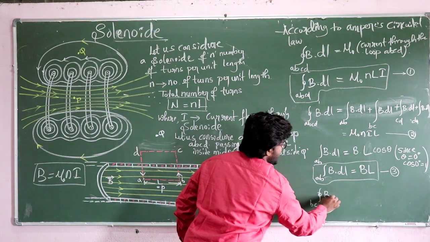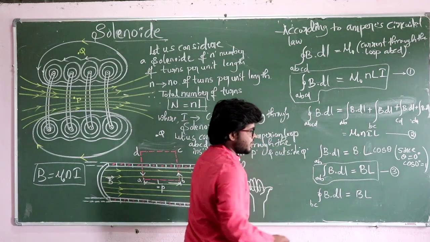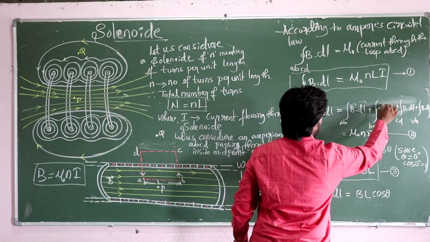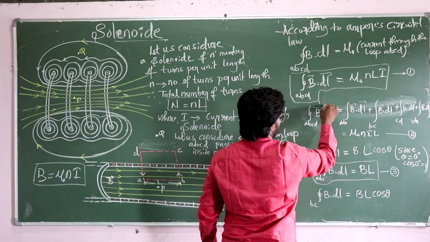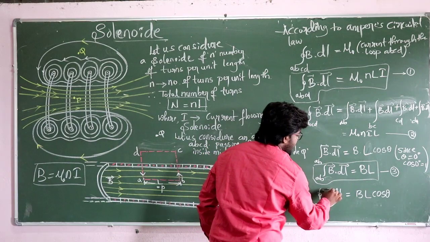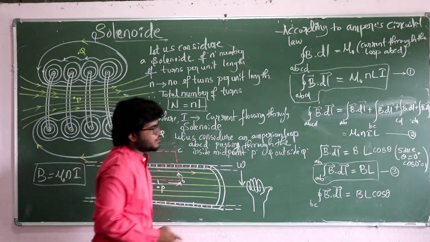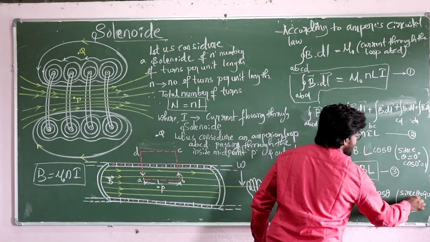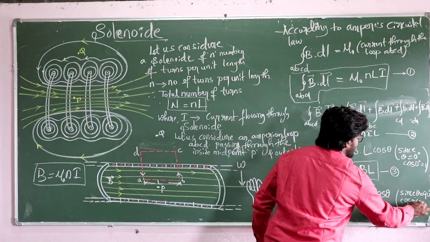Integration of BC, B dot DL is equal to B L cos theta, again a dot product. First I take the vector sign; you can take the vector sign everywhere, no mistake. Here this is the magnetic field and this is the length of BC, both are perpendicular, so theta is equal to 90 degree, cos 90 degree is equal to 0.